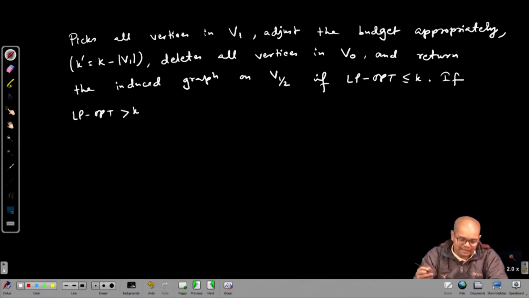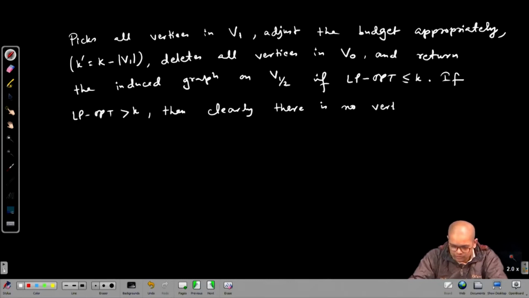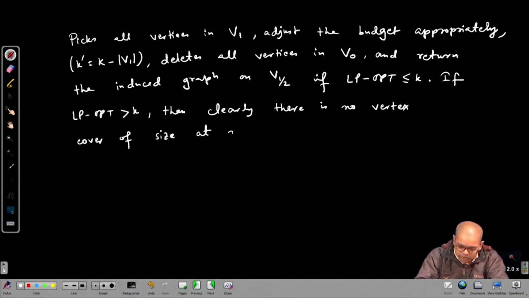So if LP opt is greater than k, then clearly there is no vertex cover of size at most k.